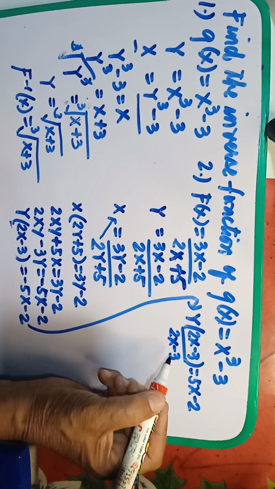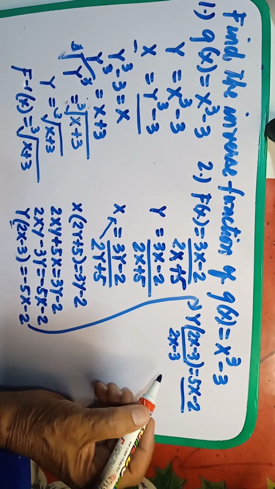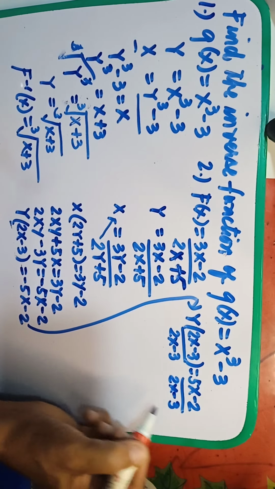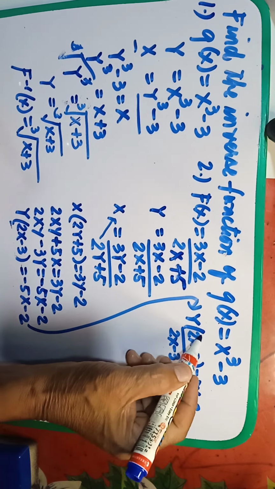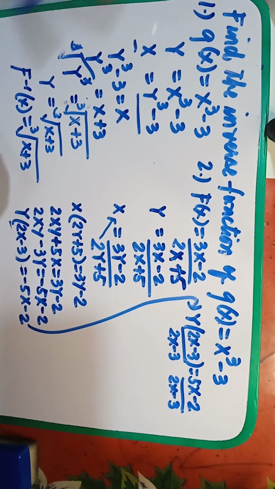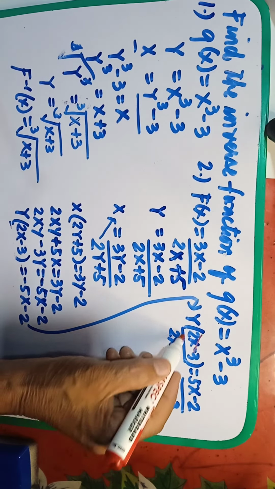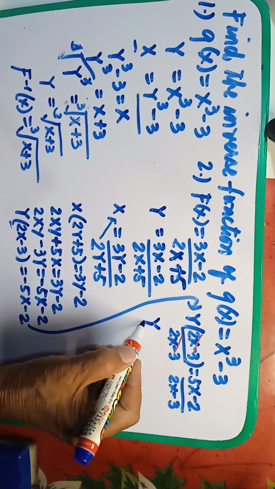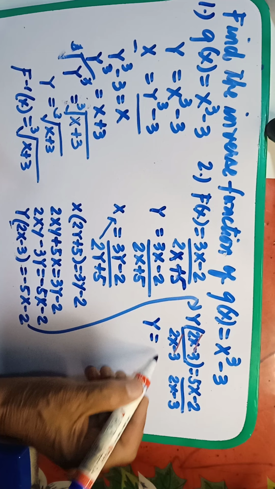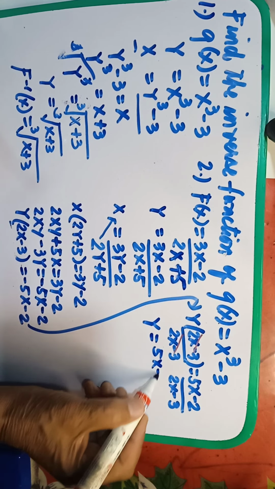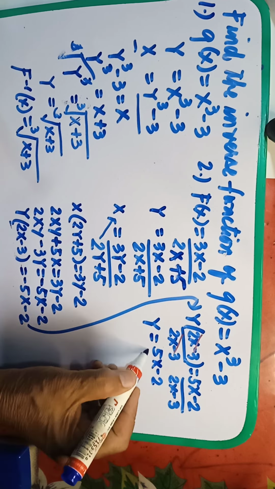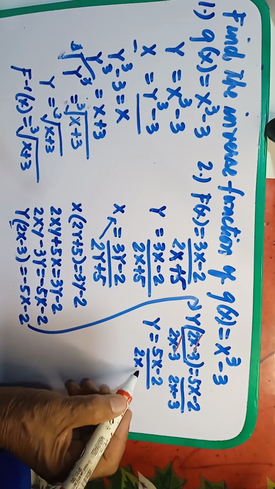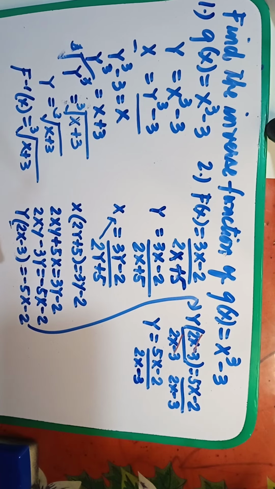So y has a coefficient of 2x minus 3, so we divide both sides of the equation by 2x minus 3. So this is cancelled. What is left is y equals negative 5x minus 2 over 2x minus 3.